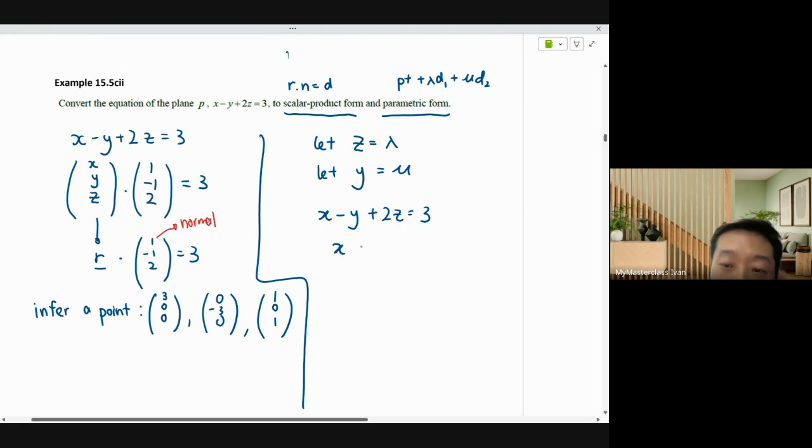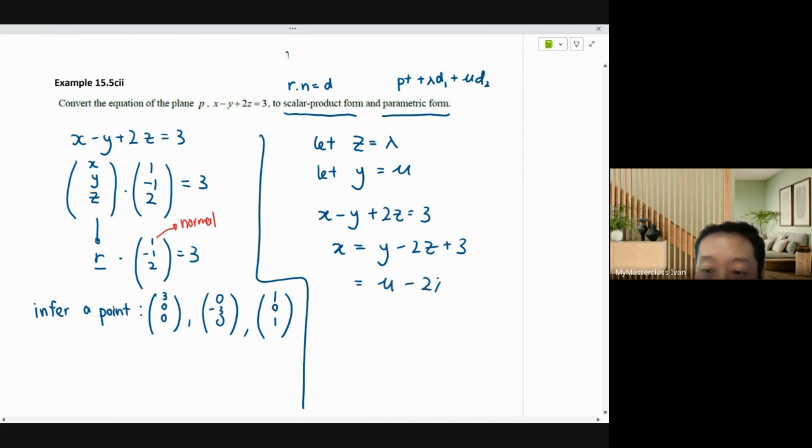This means x equals y minus 2z plus 3, which is mu minus 2 lambda plus 3.